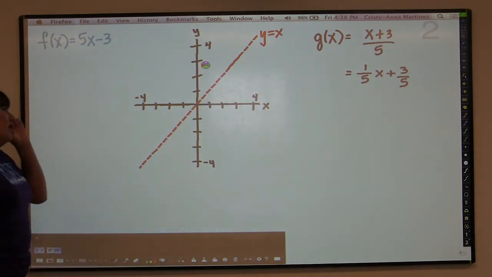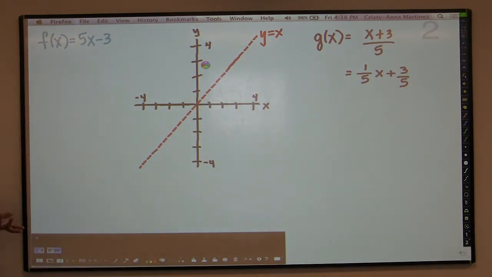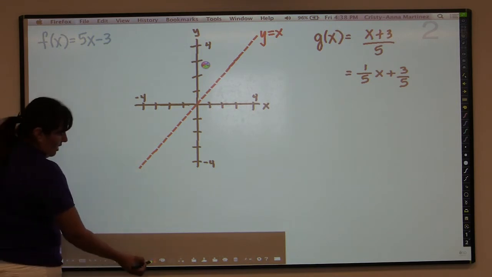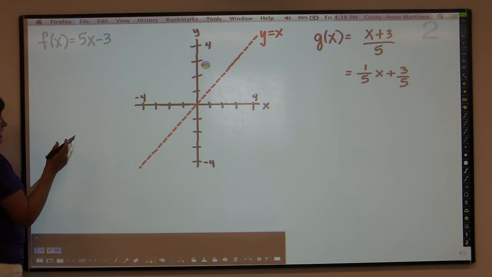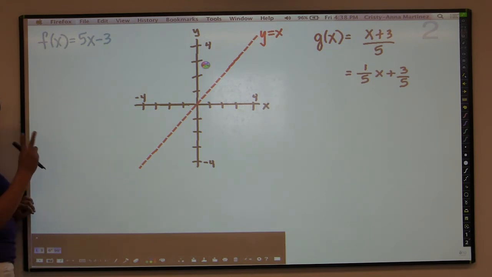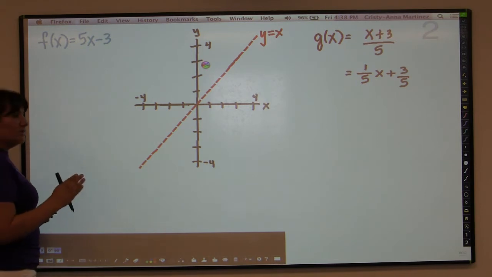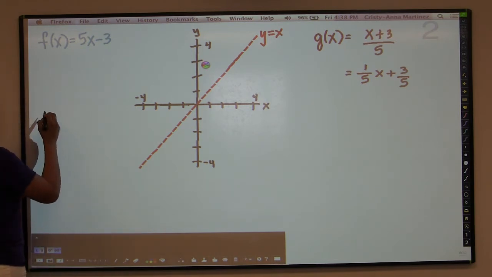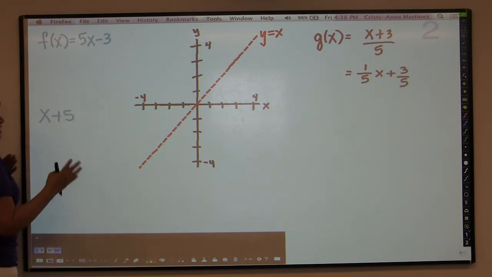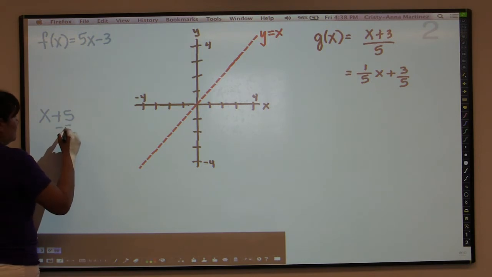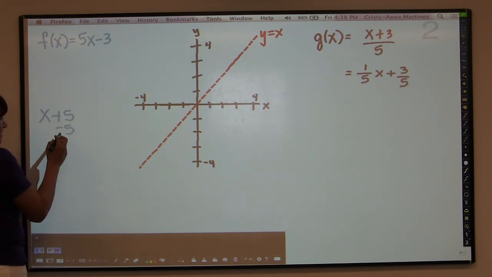And one of the other concepts that I should remind you of very quickly is that when you have addition and subtraction, two inverses always produce the identity. For example, if I have x plus 5, I can undo the plus 5 by subtracting it because they're inverses.